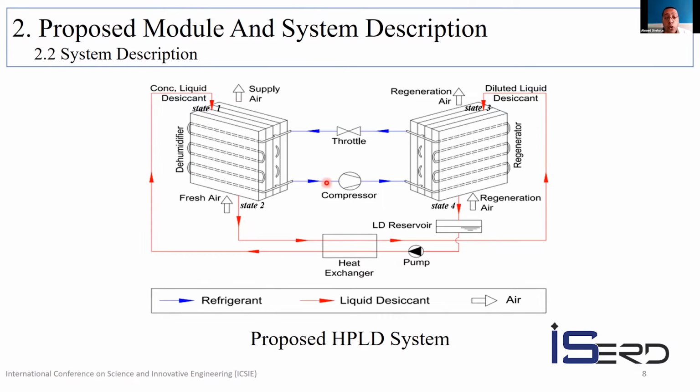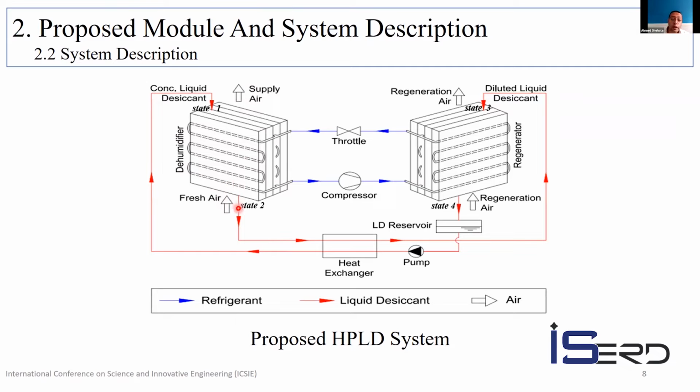The new module is used as the dehumidifier and at the same time is used as the evaporator, so that during the journey of the fresh air along the dehumidifier, the solution will always be at a cool temperature, so that the driving force is increased and the overall efficiency increases.